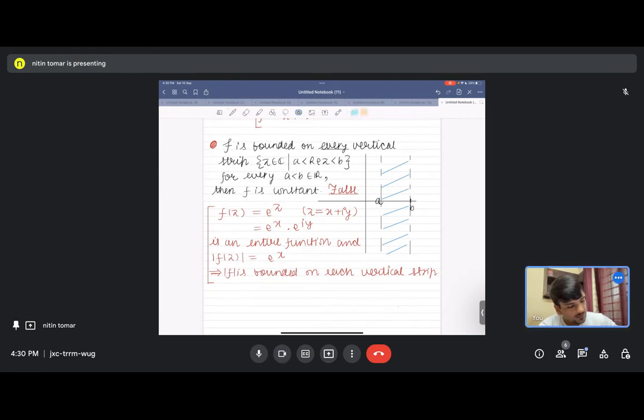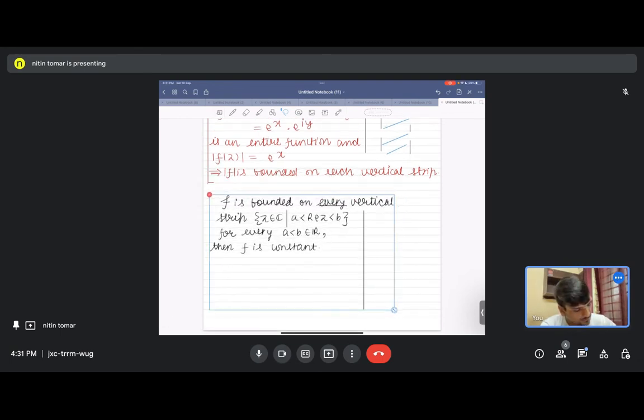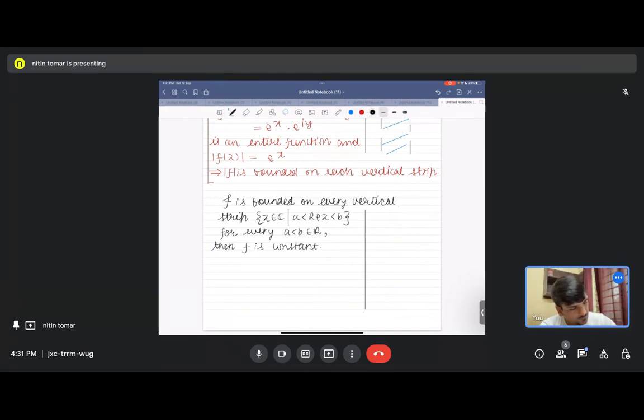So what I want to say is, if there is the same question about the horizontal strip, how does a horizontal strip look like? On every horizontal strip, here you'll have the imaginary part, right?